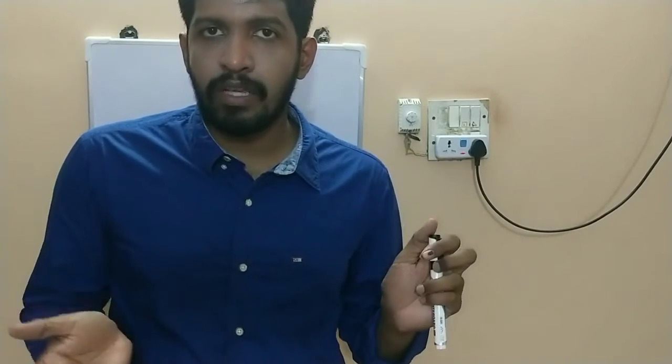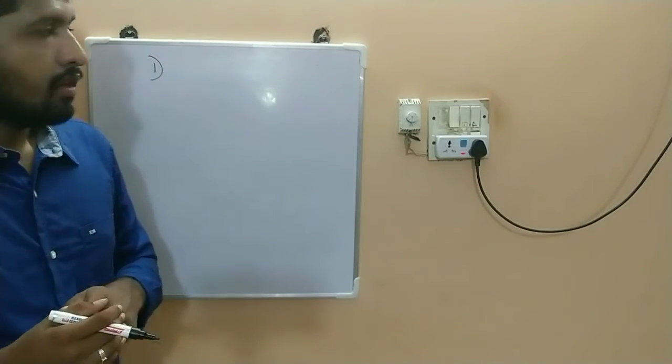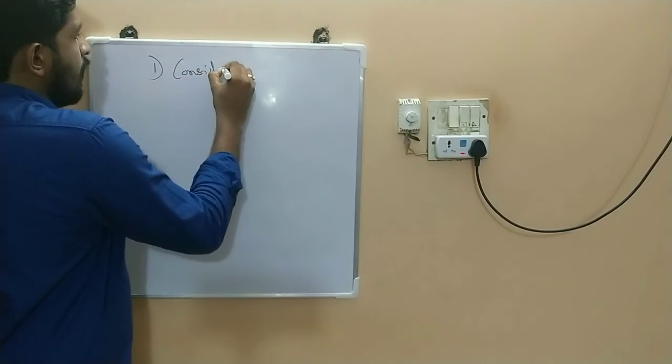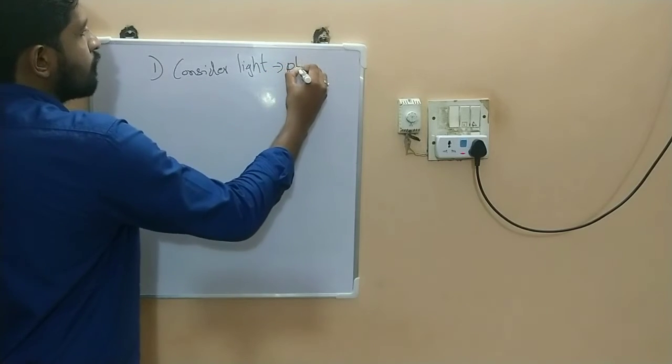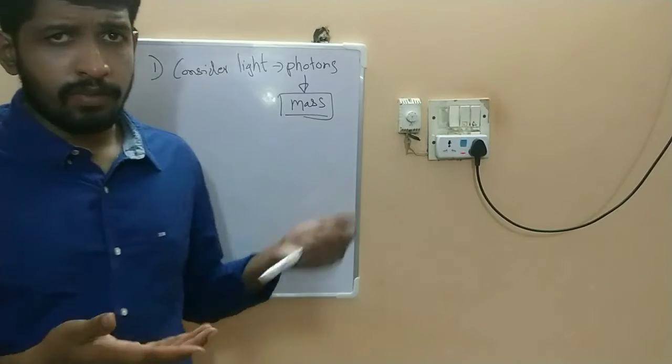How can we explain light as a particle? We have to consider light as a particle, that is, light is made up of photons, only for mass-related phenomena such as photoelectric emission.